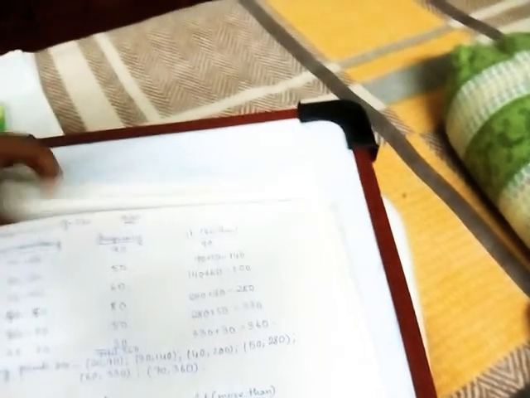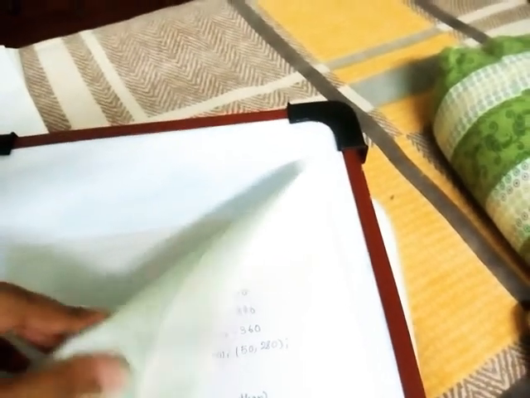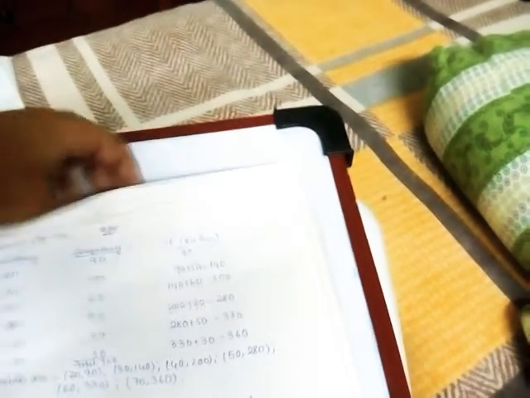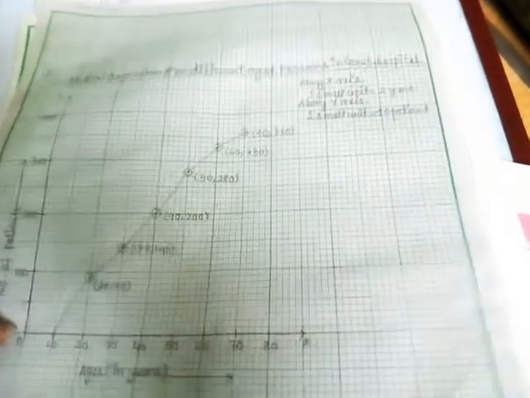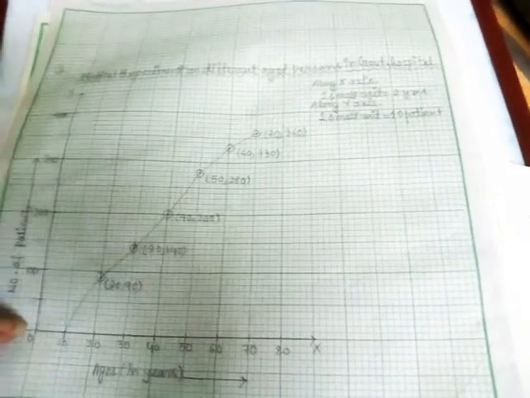Now along the x-axis I take one small unit meaning 2 years, and along the y-axis one small unit means 10 patients. The first plotting point is 20, 90. Plot the points and simply join them by a straight line, and you will get your cumulative frequency curve on a less than basis.